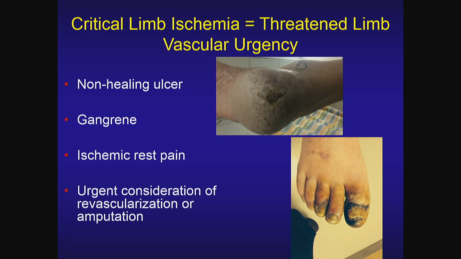Critical limb ischemia, as seen in these photographs, is easily defined by presence of non-healing ulcer, gangrene, and ischemic rest pain because of multi-level critical arterial malperfusion.